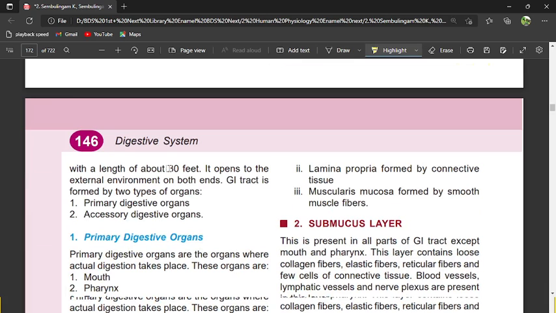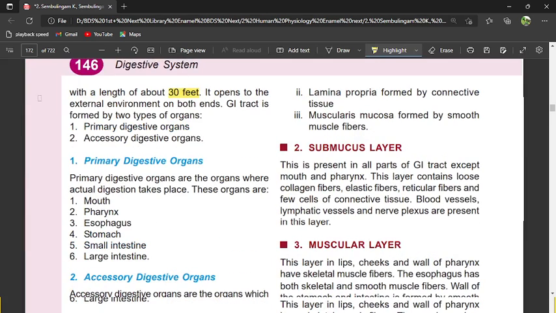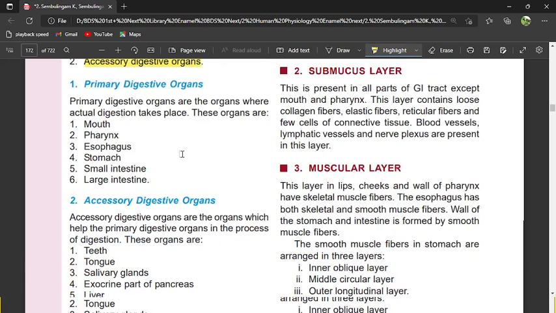What is the length of the digestive system? That is 30 feet. It opens to the external environment at both ends, and the GI tract is formed by two types of organs, from mouth to anus: primary digestive organs and accessory digestive organs. What are the primary digestive organs?